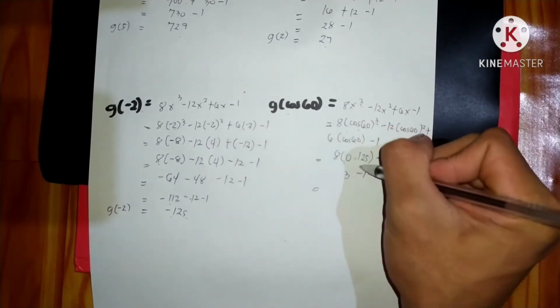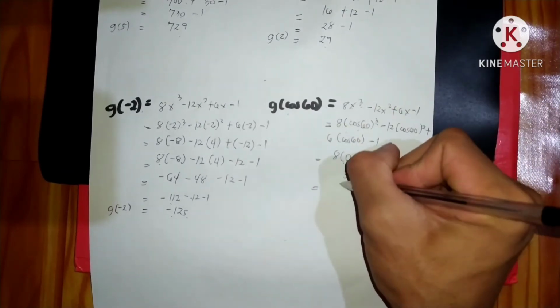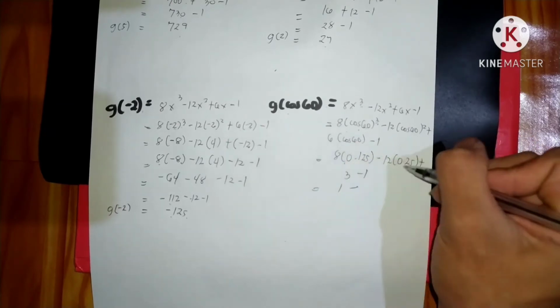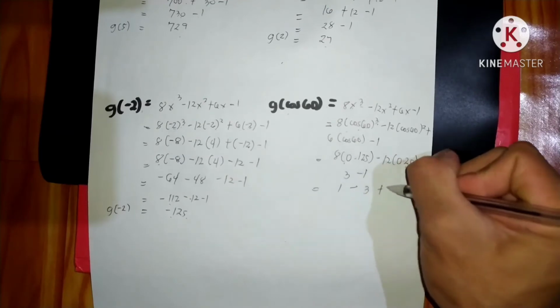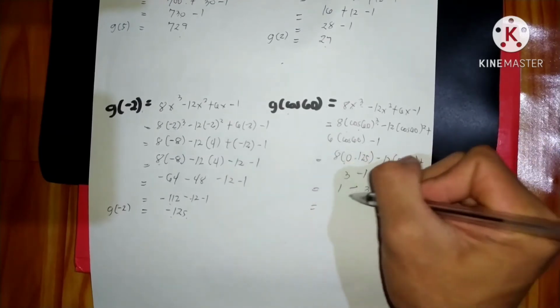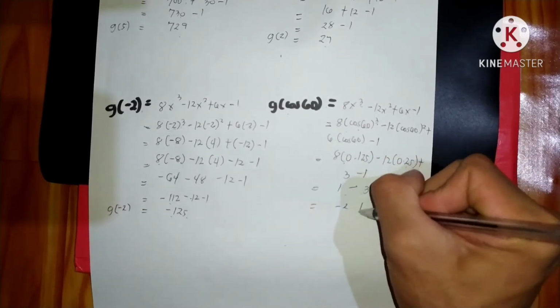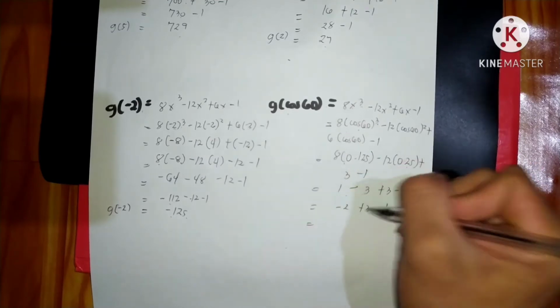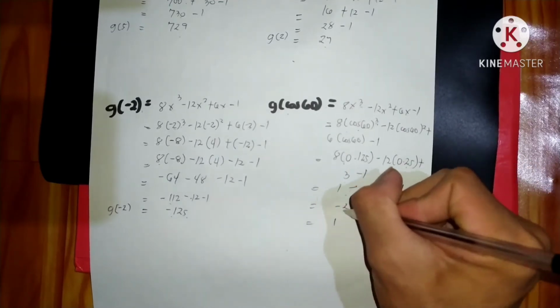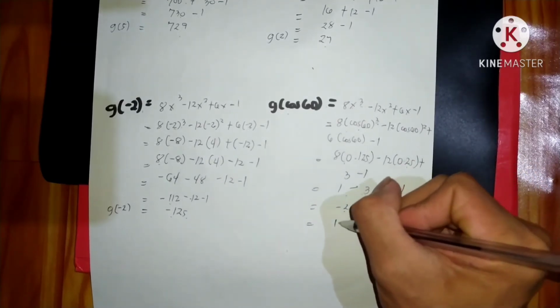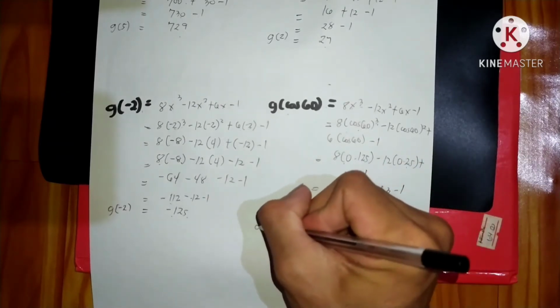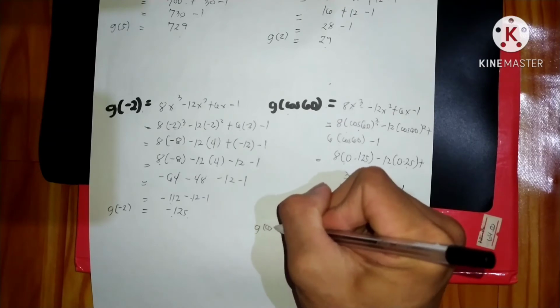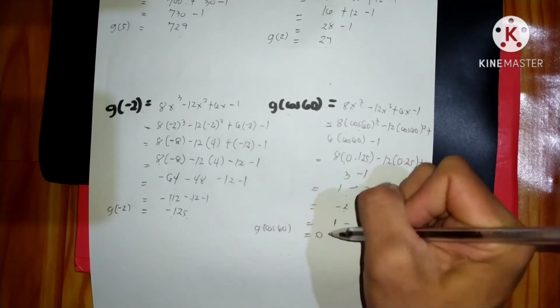So, 8 times 0.125 is equals to 1 minus 12 times 0.25 is equals to 3 plus 3 minus 1. So, 1 minus 3 is equals to negative 2 plus 3 minus 1. So, negative 2 plus 3 is equals to 1 minus 1 is equals to 0. Therefore, the value of G of cos 60 is equals to 0.